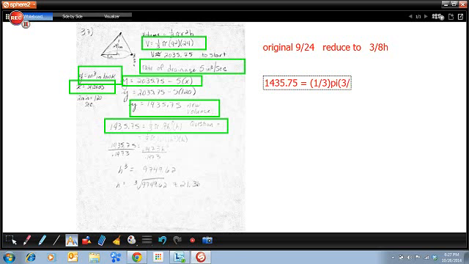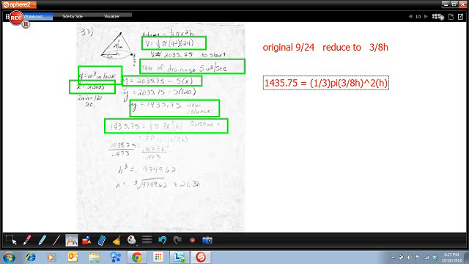So I'm going to put 3/8 times the height, and that quantity squared, times the original height right there. So I have to enter in all of those things.